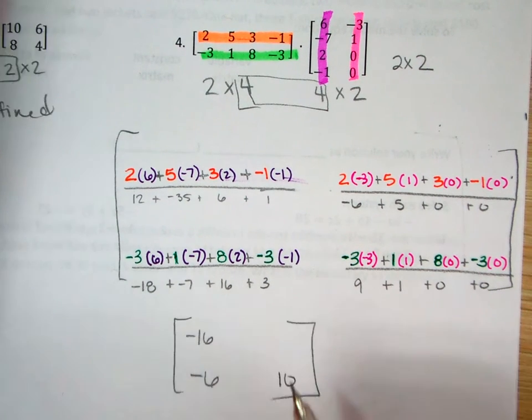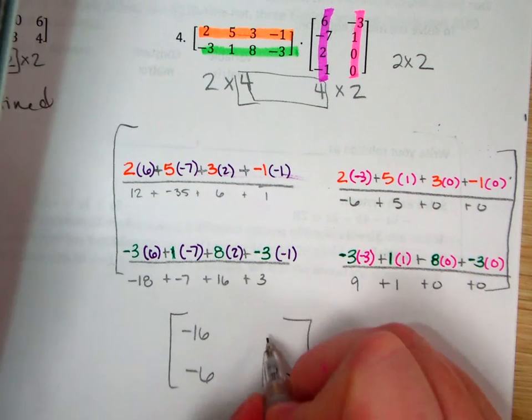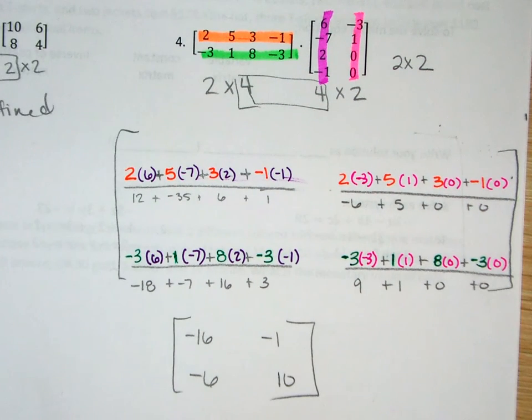Negative 16. And negative 1. Yeah. So that's what you do. I hope that helps you with understanding how you multiply matrices by hand.